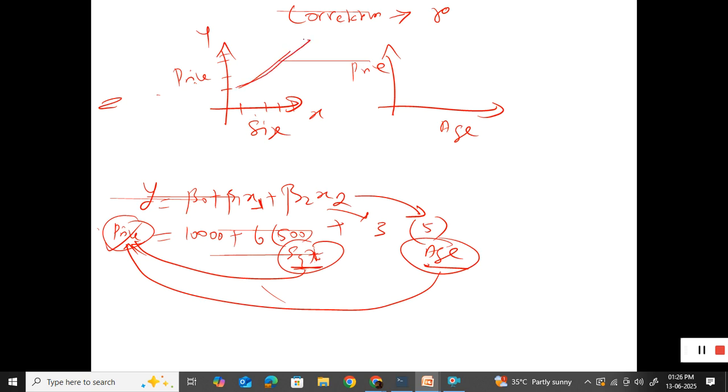Hence, there exists a correlation between these two quantitative variables. A linear relationship exists between these two quantitative variables.